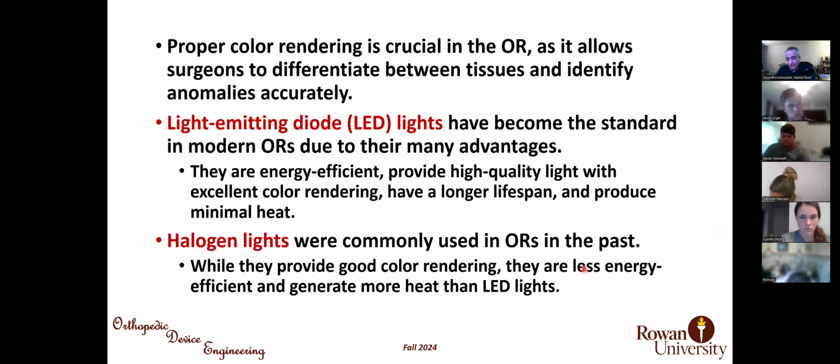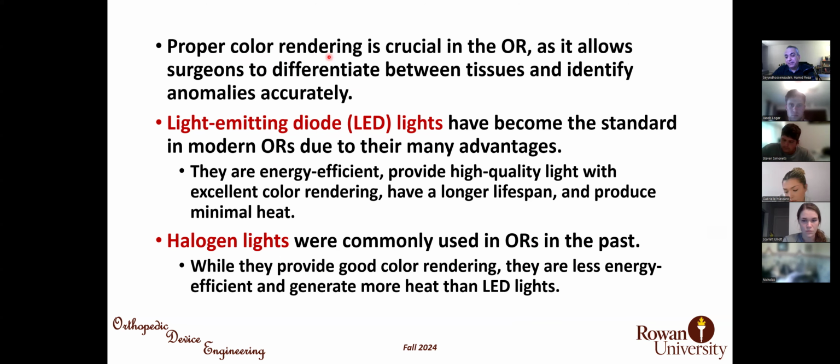We can use any type of light for these task lights and general lights, but in current operating rooms, we need a kind of light that provides proper color rendering. I mean, it must provide a system of light that the surgeon can differentiate between tissues easily.